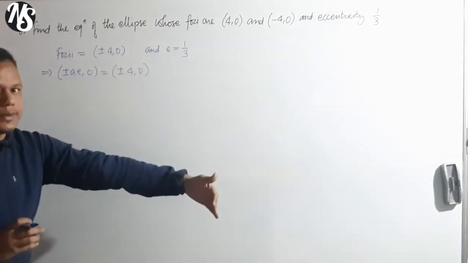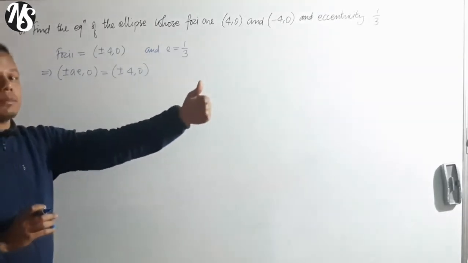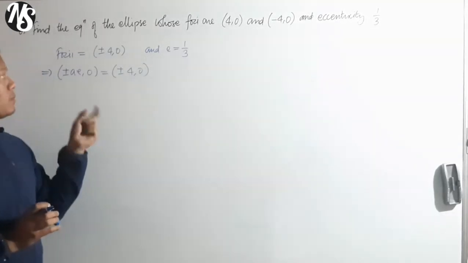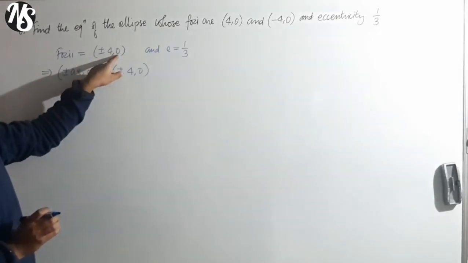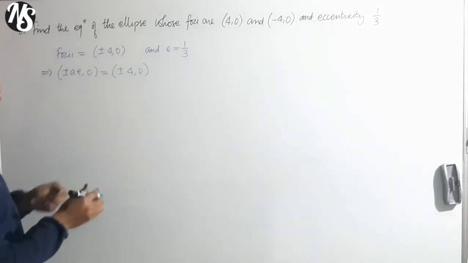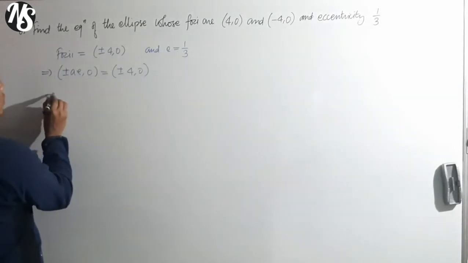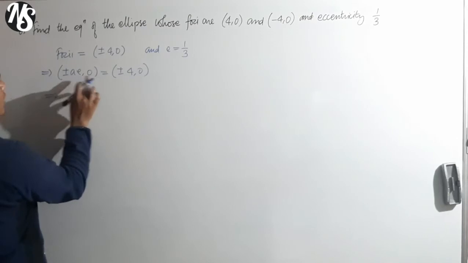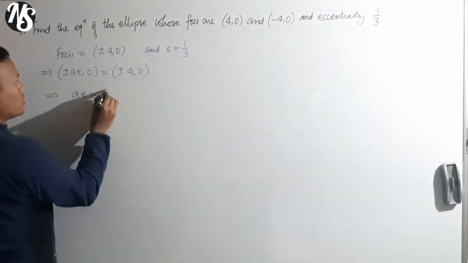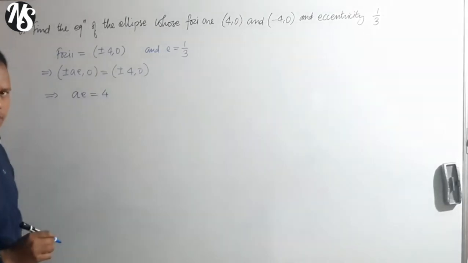Because the other formula says it is 0, plus minus BE, that is 0 is in the abscissa. But here we see that 0 is there in the ordinate. So that's why I need to choose this formula. Okay, fine. So if this is so, then this means that AE is equal to 4, isn't it? So AE is equal to 4. Right.